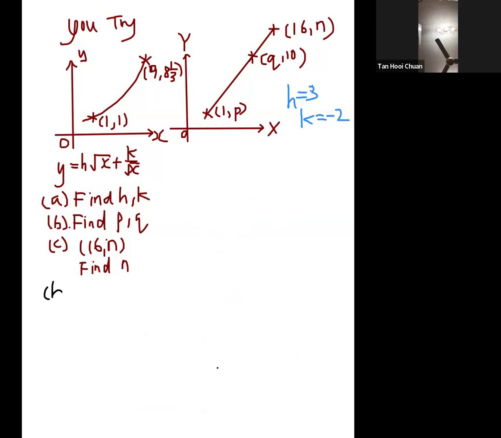Part B. Just now we know the value h is 3 with x, k is -2, then with x, okay or not? So now I times with x for all the terms.